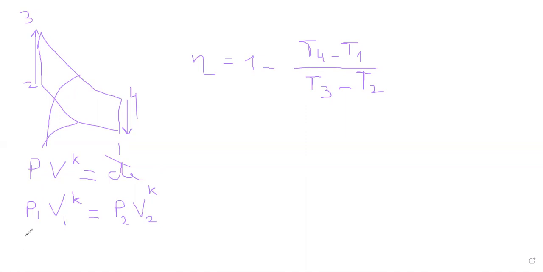So we can say that P4 V4 to the power K equals to P3 V3 to the power K. Okay, but as you can see, we have that V2 is equal to V3.